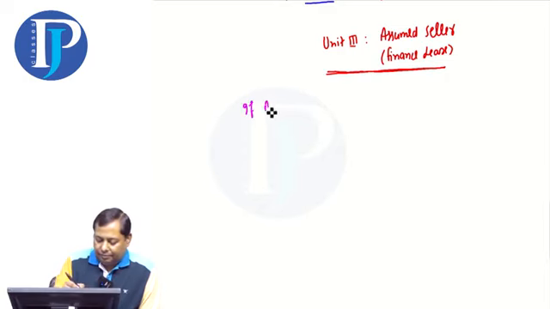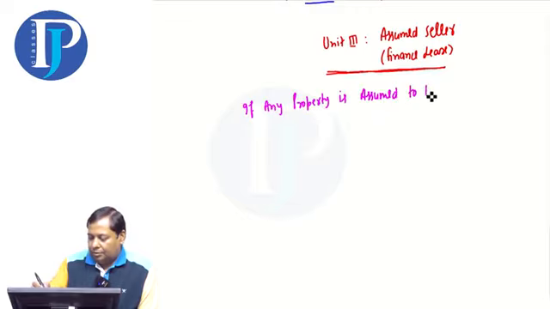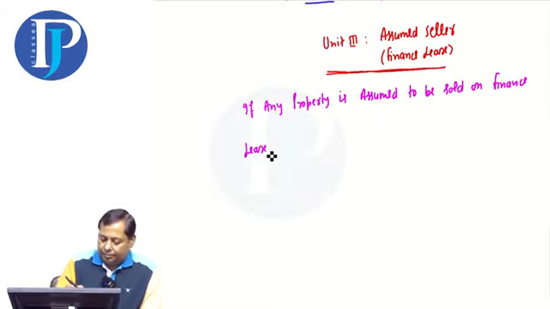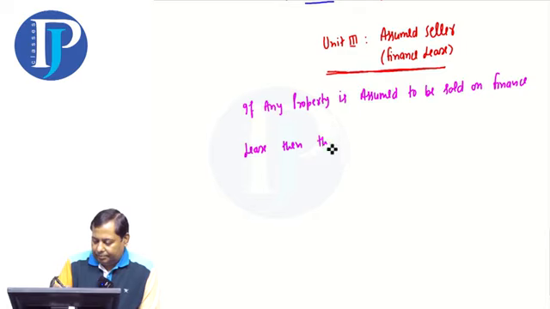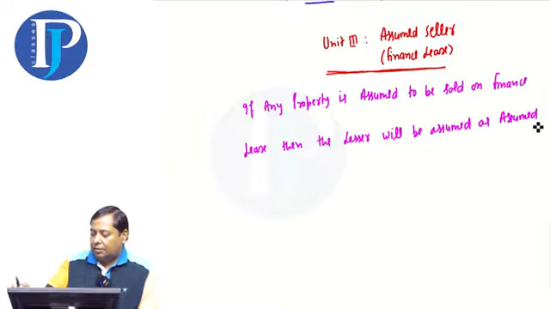So if any property is assumed to be sold on finance lease, then the lessor will be assumed as the assumed seller.